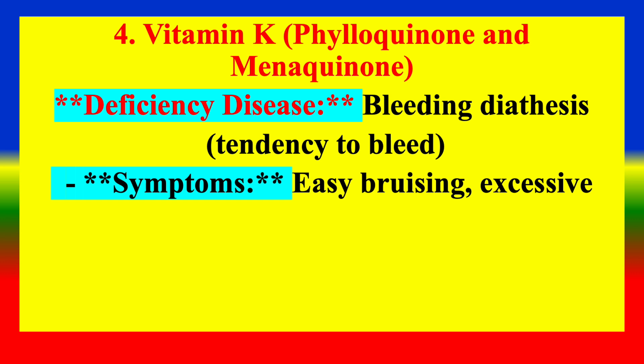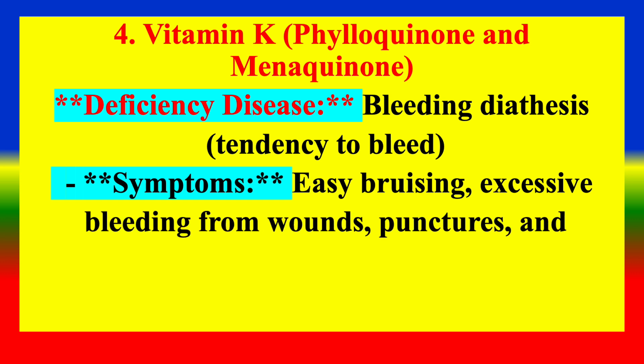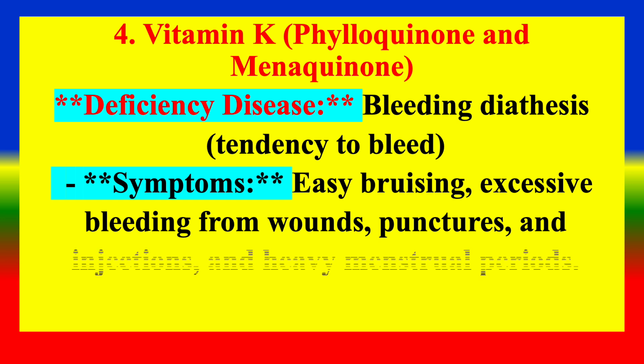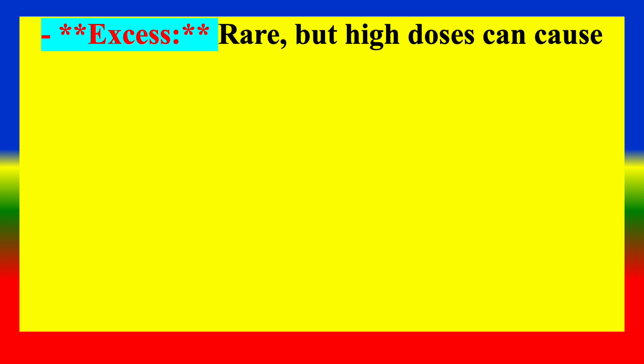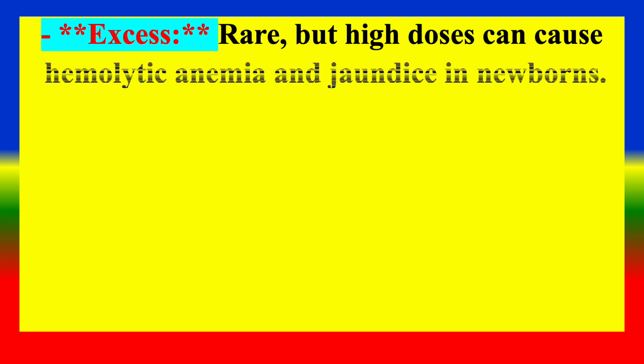Symptoms: easy bruising, excessive bleeding from wounds, punctures and injections, and heavy menstrual bleeding. Excess is rare, but a high dose can cause hemolytic anemia and jaundice in newborns.